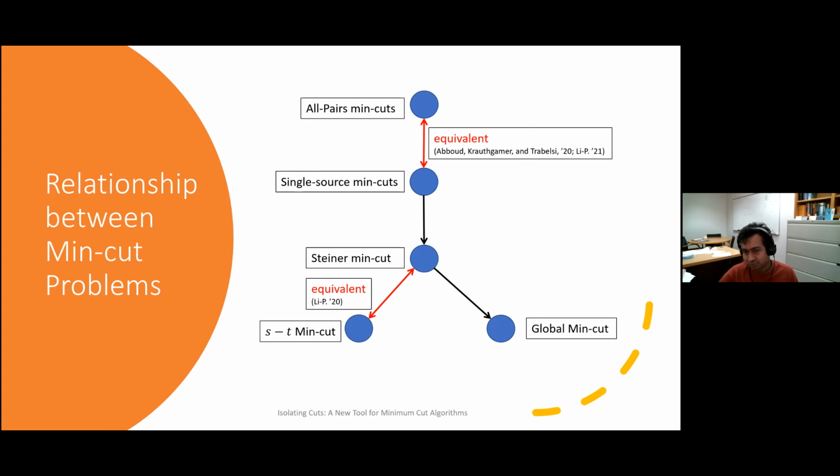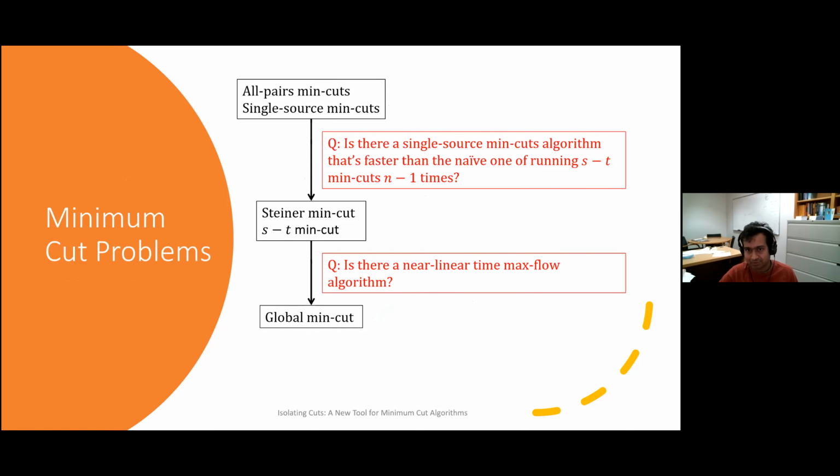So because of these two equivalences, we kind of get these three boxes. We have all pairs min-cuts and single source min-cuts as the top box, Steiner and ST min-cuts in the middle box, and global min-cut as the bottom box. And the two gaps that we still have are kind of the biggest questions in the area. The gap at the bottom is asking, is there a near linear time max flow algorithm?